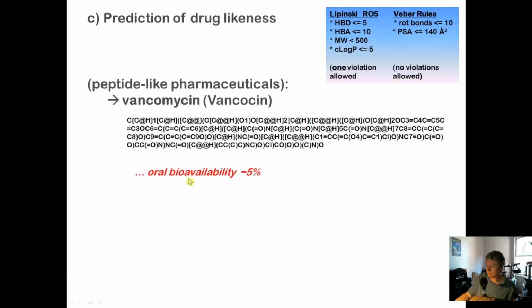Okay, so yes, the oral bioavailability is 5%. So it is actually a little bit active. It does pass into your body through the oral route. But it's also an incredibly expensive drug. So in order to get a good oral dose, you need a high dose of it, and so people don't do that. When this is used clinically, it's used as an intravenous injection.